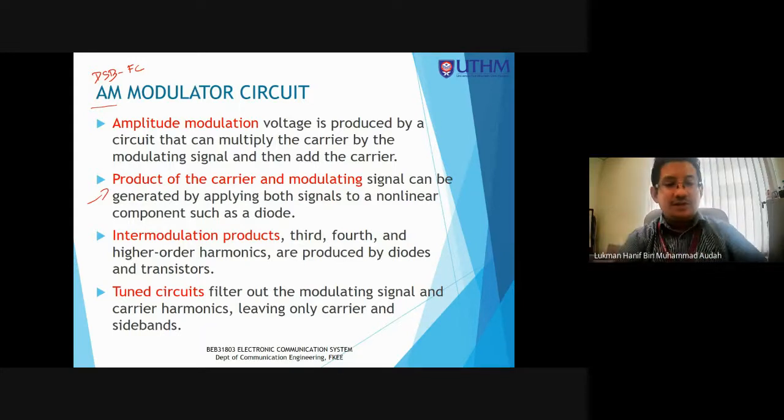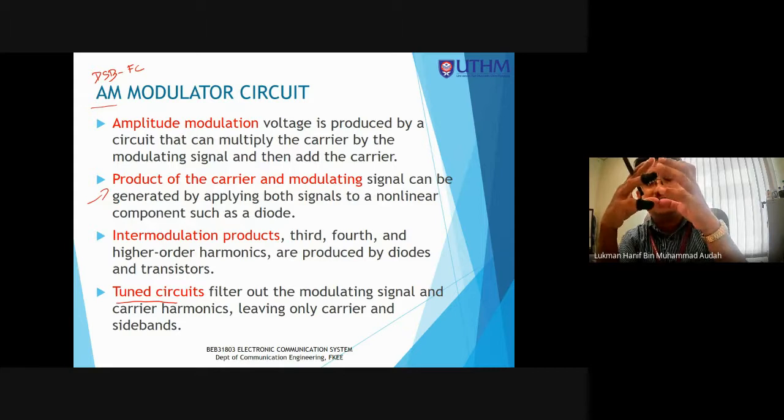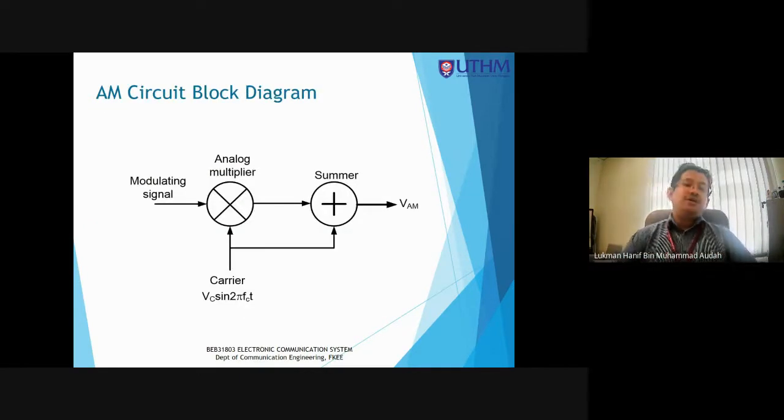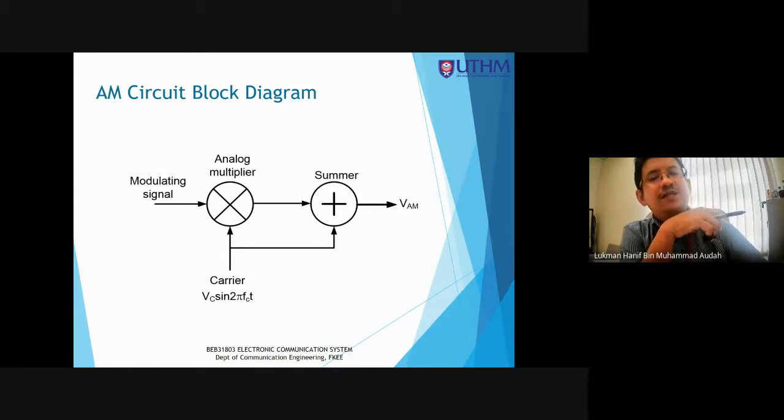So another one is tune circuit to filter out. So we can use tune circuit to filter out the modulating signal and the carrier harmonics. Kita boleh buang menggunakan tune circuit ataupun tune circuit ni adalah sejenis filter circuit. Okay, circuit for the filters. Okay, untuk buang harmonics tersebut. Okay, so kalau kita lihat di sini dari segi block diagram, dia simplify di sini multiplier dan juga summer.